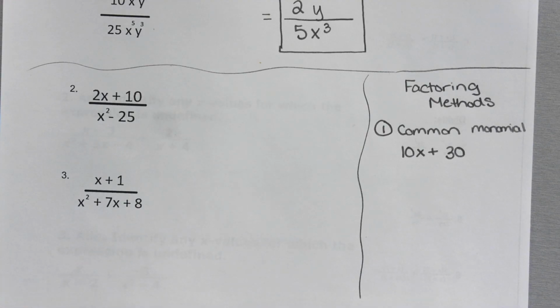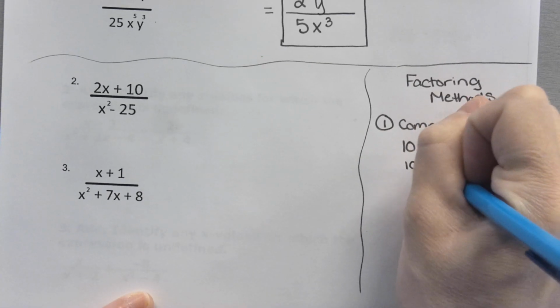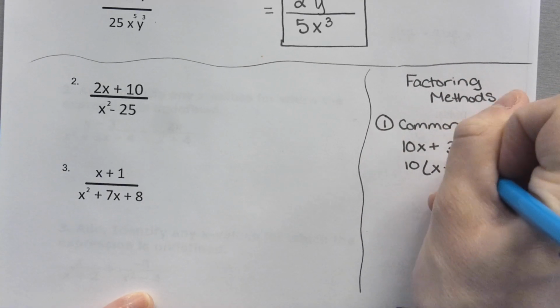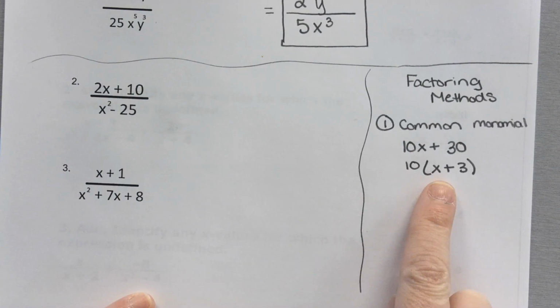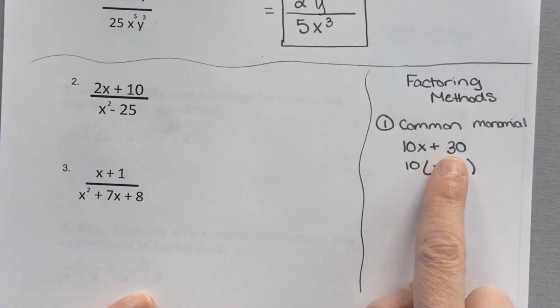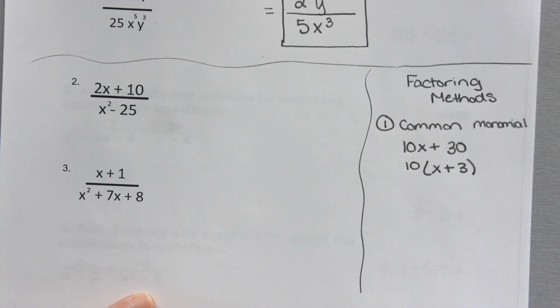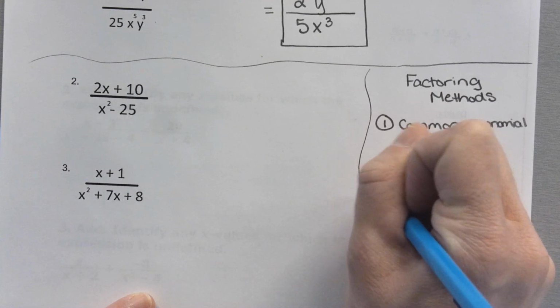I could take a 10 out of both. So remember, this was like reverse distributing. So in parentheses, if I pull out a 10, I'd have x plus 3. Because 10 times x would get me back to 10x, and 10 times 3 would get me back to 30. Okay, so that's an example of a common monomial.